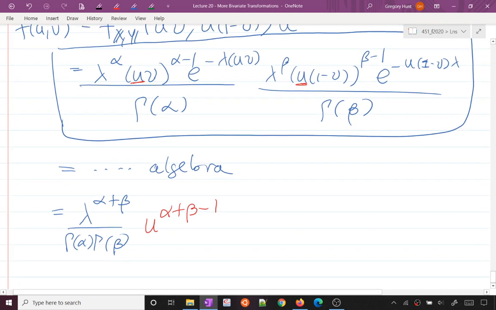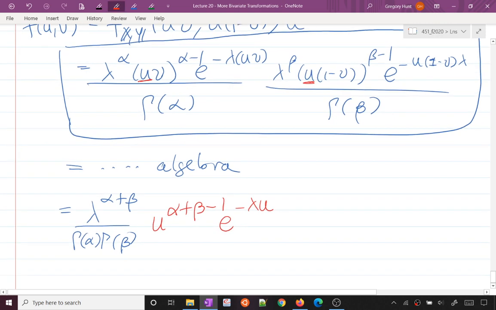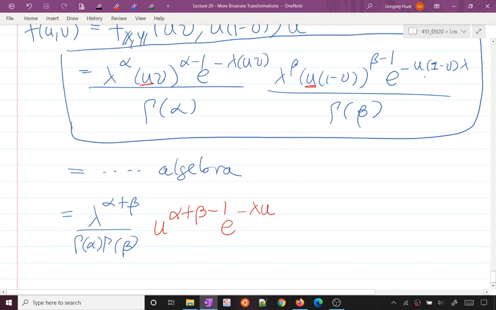And I'll be left with an e to the negative lambda u if I combine these. So there's a little bit of algebra you have to show. And then if I collect all the powers of v, there's some algebra here, right? I'm forgetting my u here, that's where that comes from. This is my u, combine those, alpha plus beta minus 1, e to the negative lambda u.